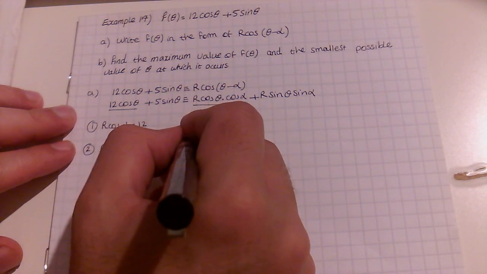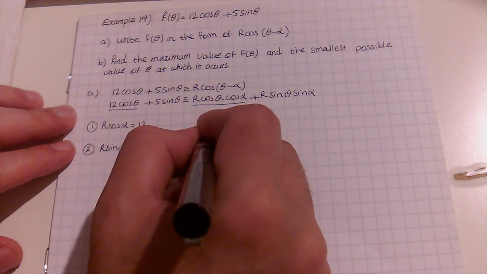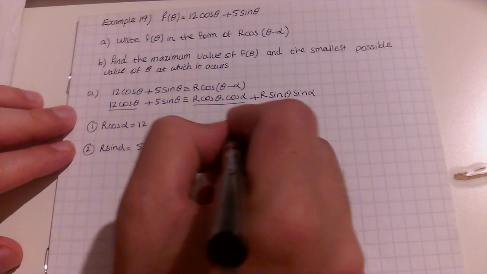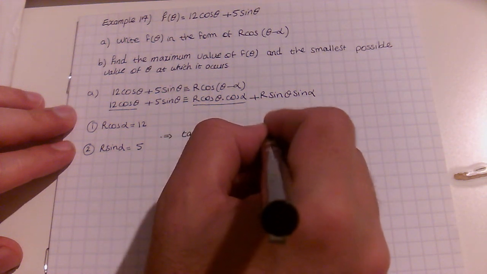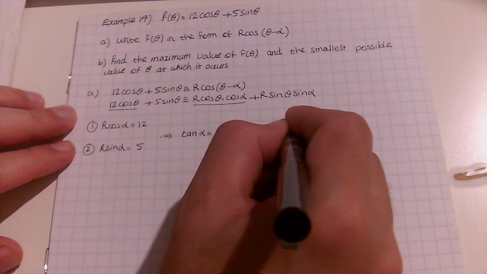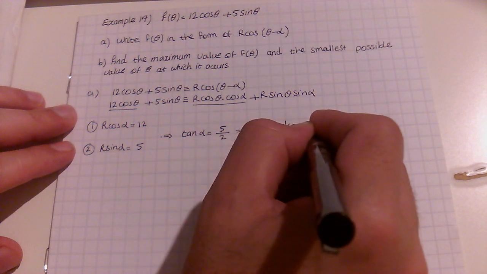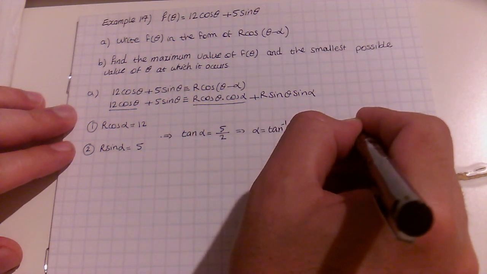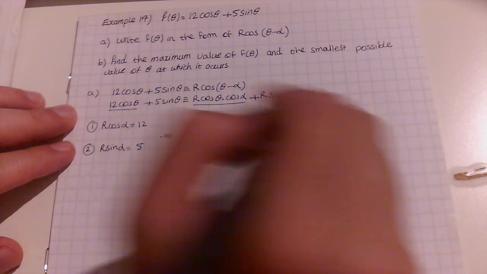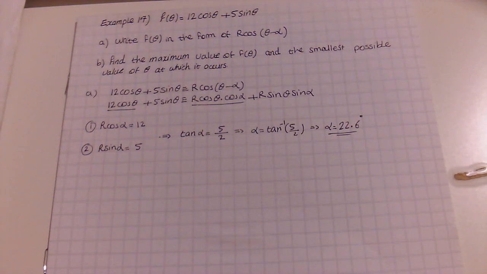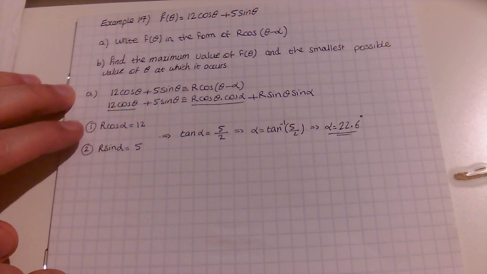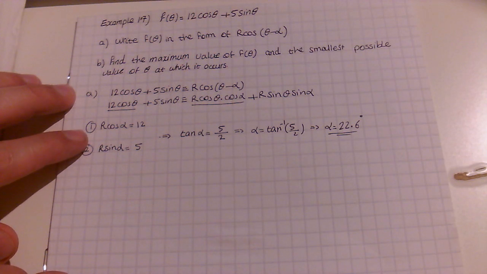So here is example 7. It says f theta is equal to 12 cos theta plus 5 sin theta. Write f theta in the form of r cos theta minus alpha. So for A, we get 12 cos theta plus 5 sin theta is identical to r cos theta minus alpha.